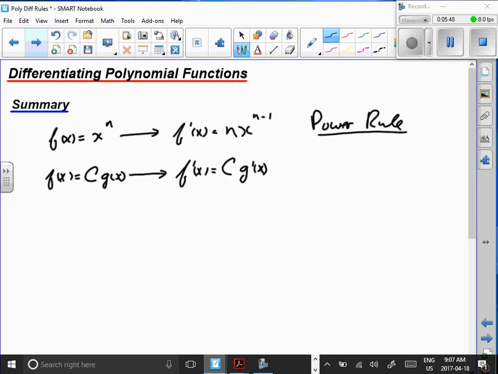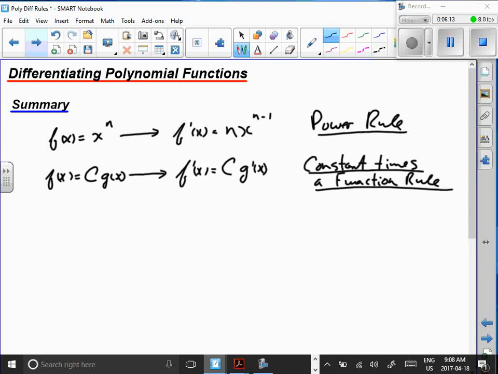You're going to have to be reminded of this one later, because it's not the way we think of it with power rule. Okay? More about that later, but this is constant times a function. I guess constant times a function rule.